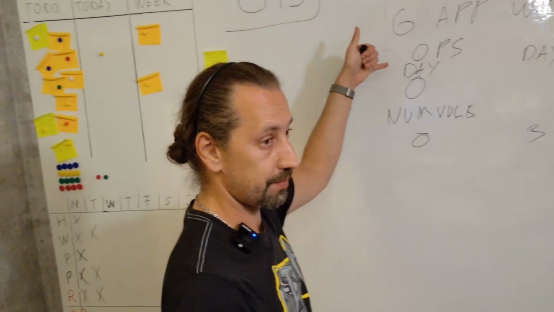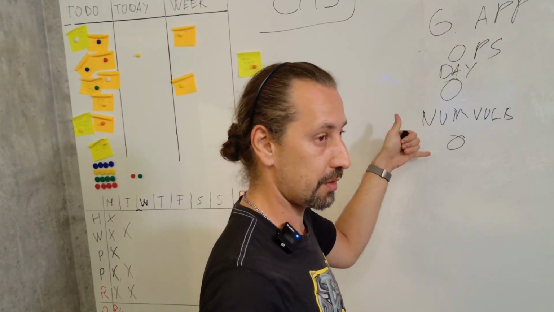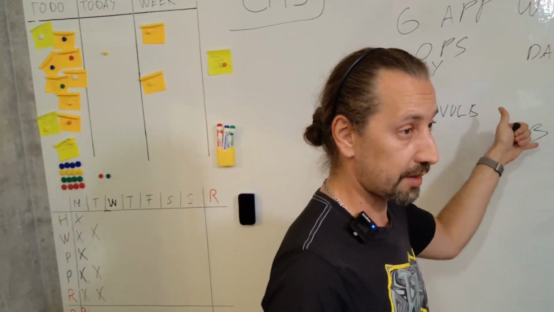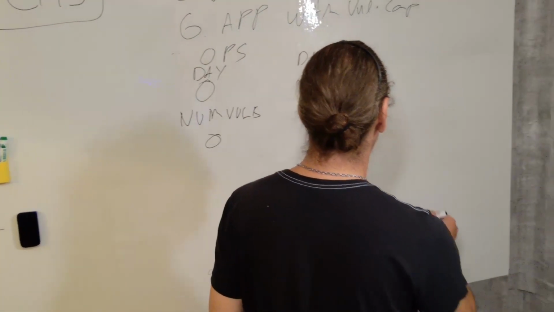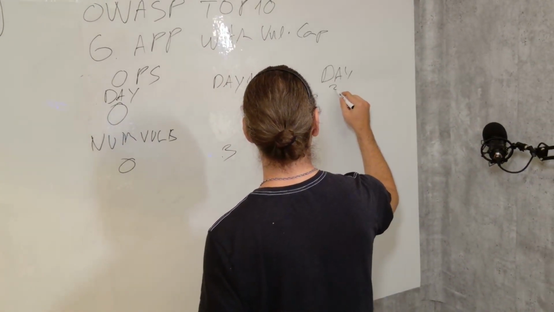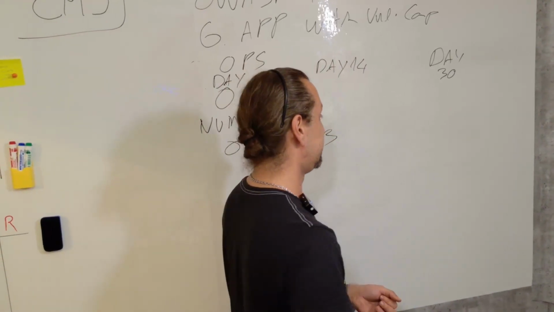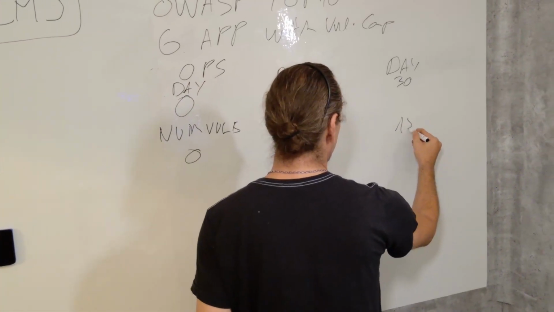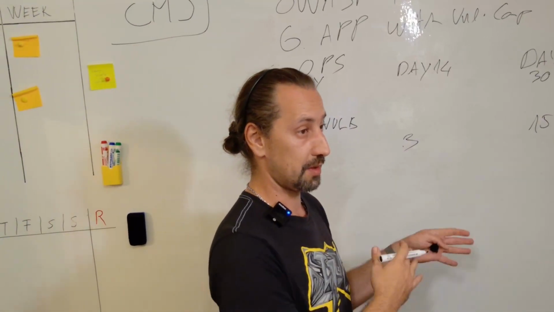Nope, it says there is no vulnerable software on the server. In fact, there are 3. And you can imagine at day 30, there may be, for example, 15 vulnerabilities on the server.